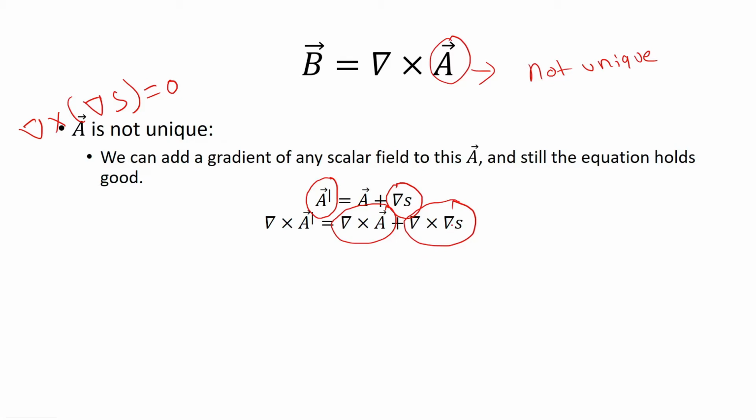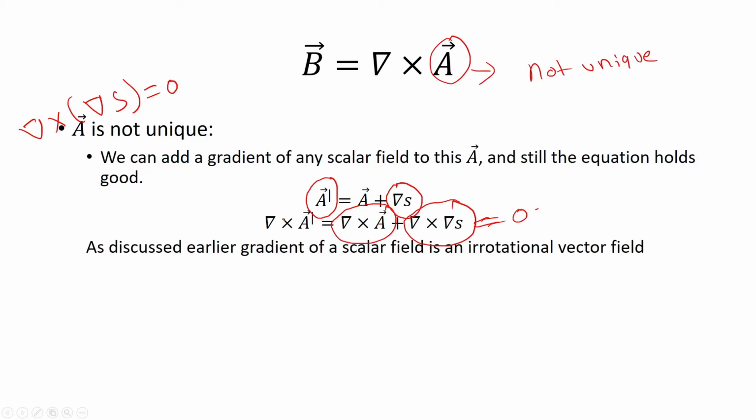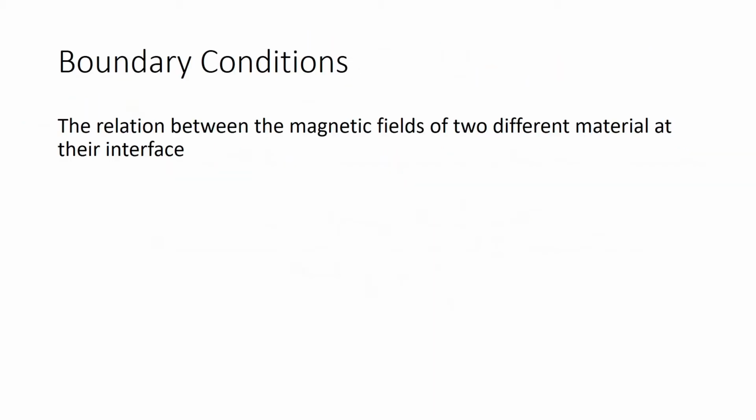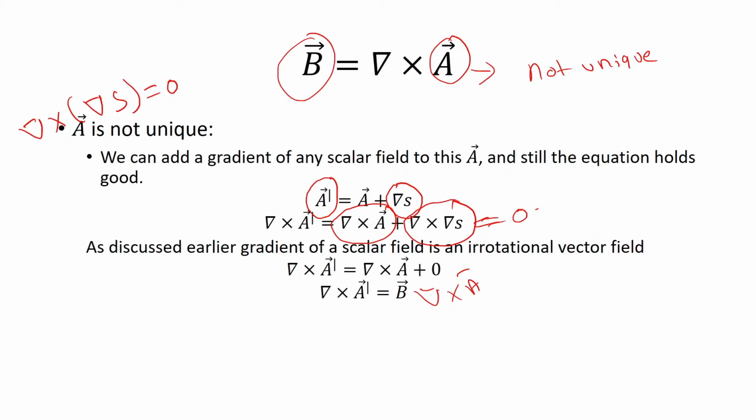But because the curl of gradient is always 0, as we have seen in the previous slide, curl of A bar prime is equal to curl of A bar. This curl of A bar is nothing but B bar. So the vector potential is not unique, whereas the scalar potential was unique.